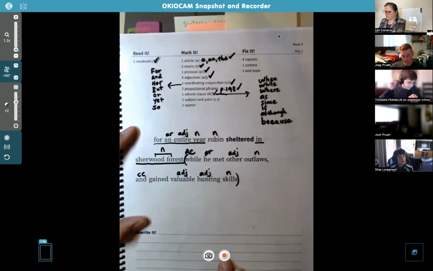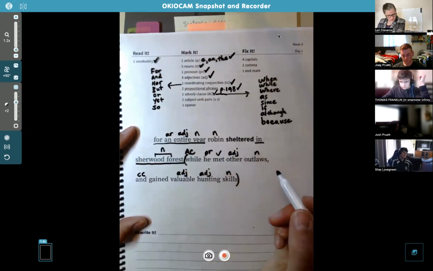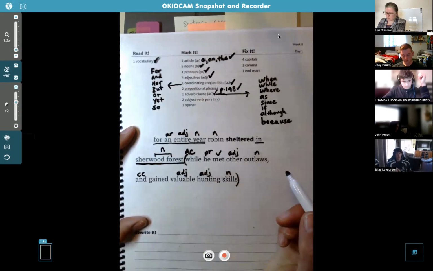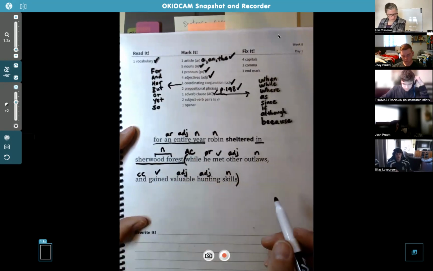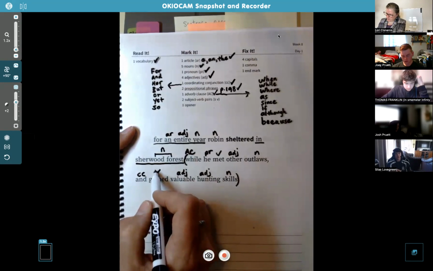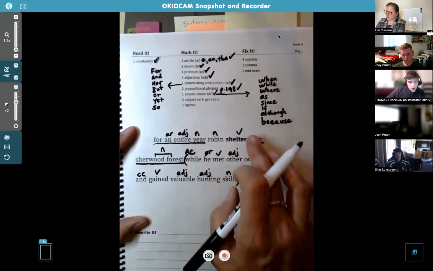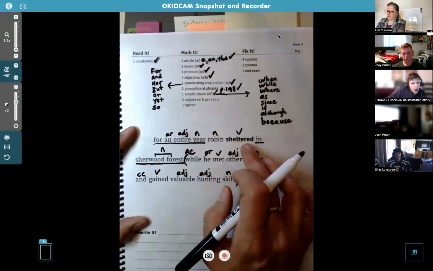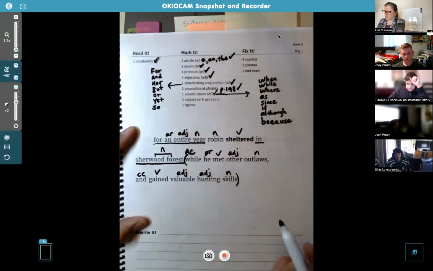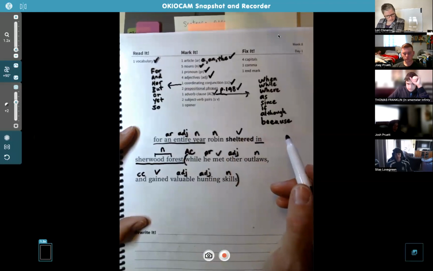What are they doing? Met. Met, good. Gained. Yes, gained. Sheltered. Yeah, sheltered because it has ed. If it didn't, it would be a noun, shelter, but since it's an action, sheltered. Good. That's all of them.